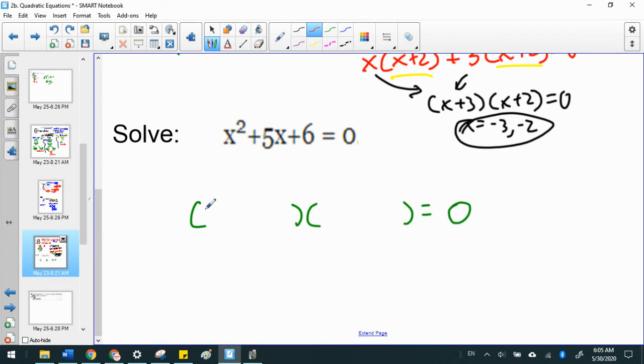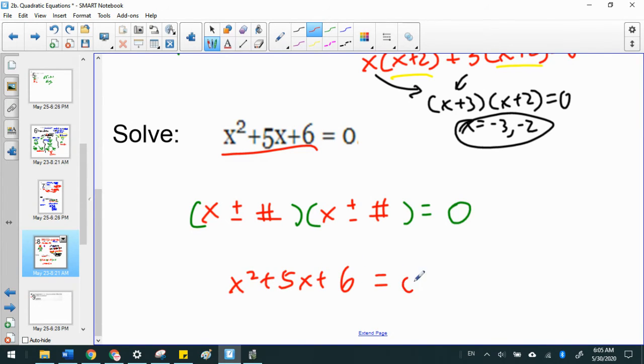And we know that the first terms of each set of parentheses always multiplies into the leading term of the quadratic. So I know that I'm going to have an x value and an x value as my first term. And from here on out, I need to decide whether I'm adding or subtracting, and also by what number, in order for it to simplify into the standardized form that I would have.